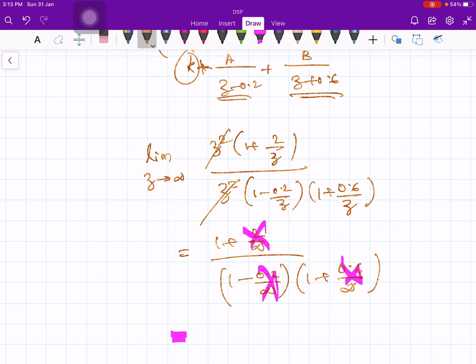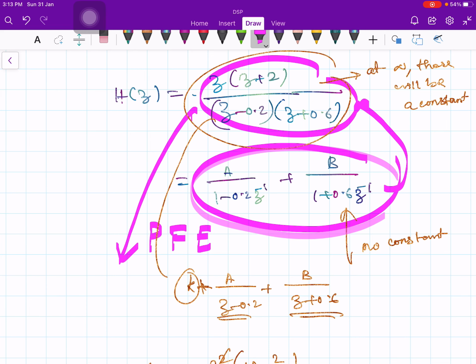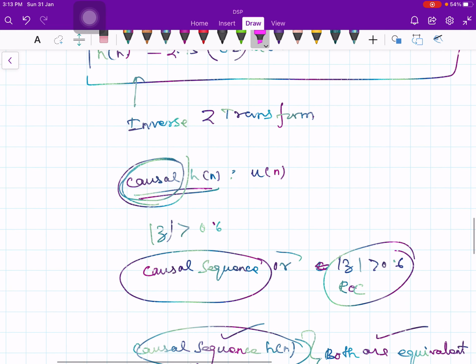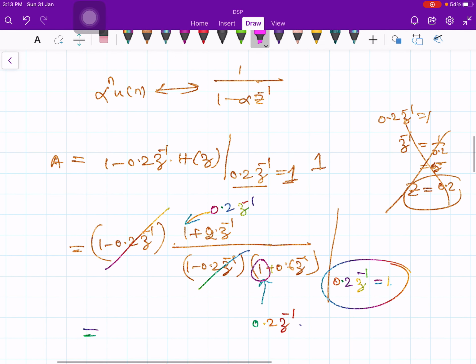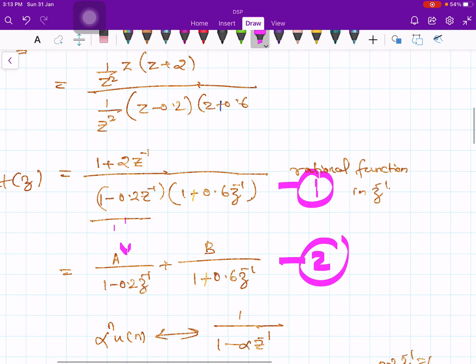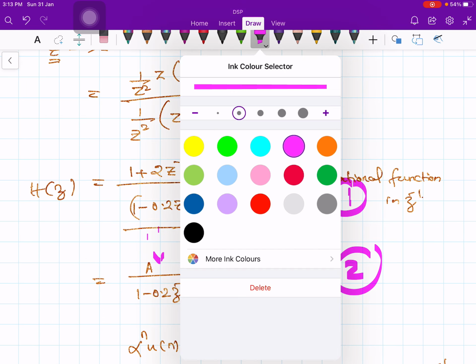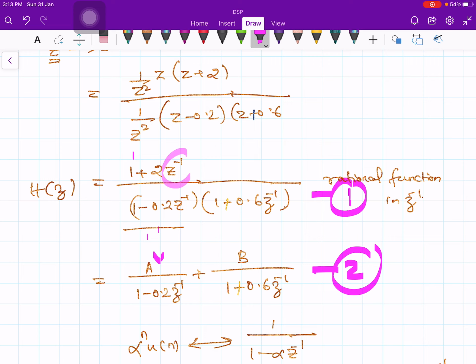But if you look at the polynomial in terms of z inverse, there is no constant term. Because if you look at the same expression here, the numerator degree is less than the denominator, the numerator is 1 degree less than the denominator. What is the numerator degree here? 1. And what is the denominator degree?